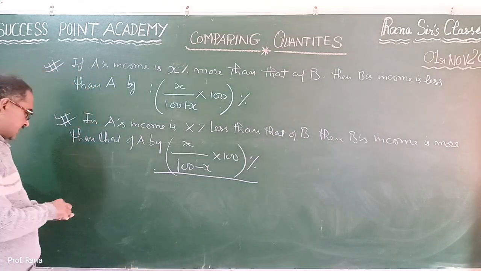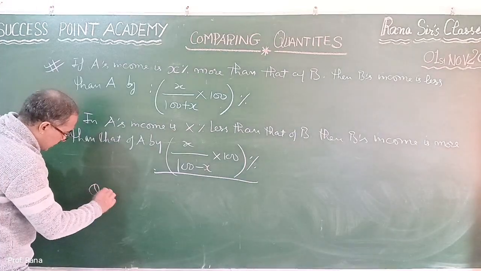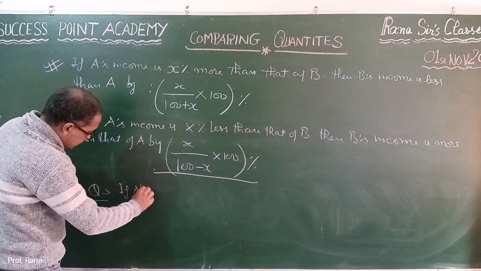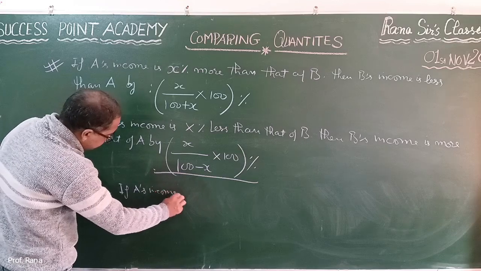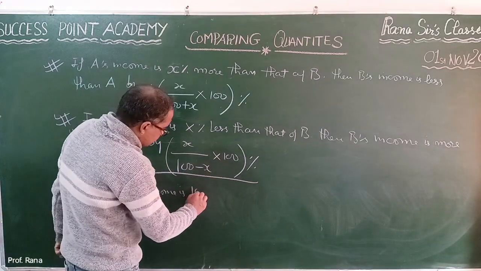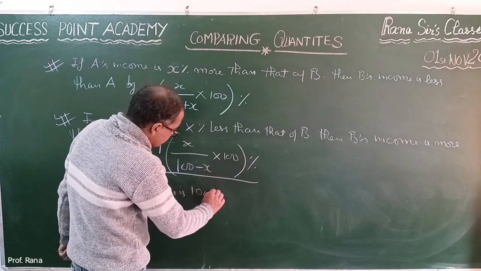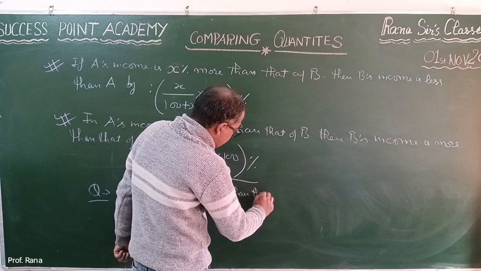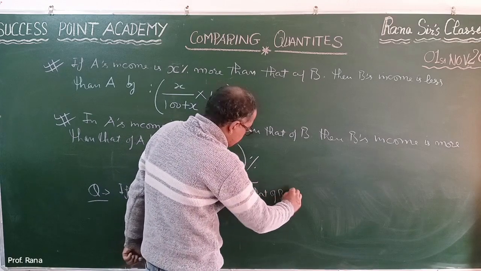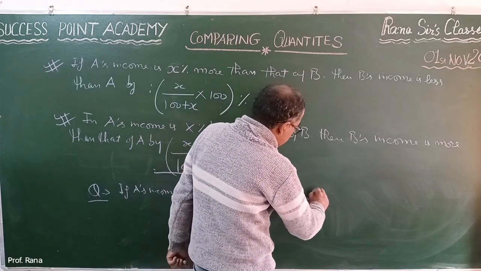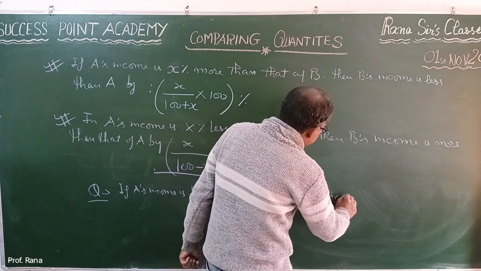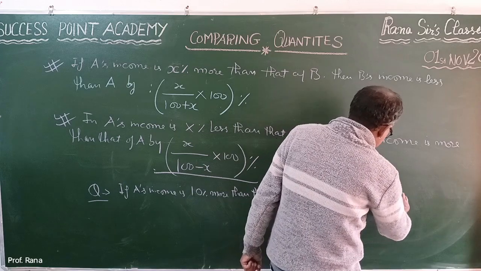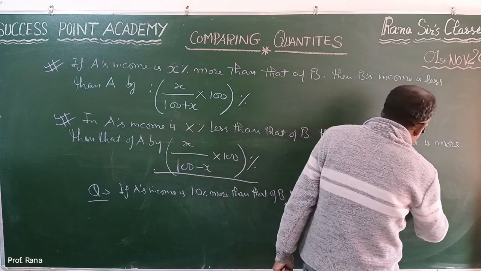Now let us do a question first. Write down: if A's income is 10% more than that of B, then B's income is less than A by how much?